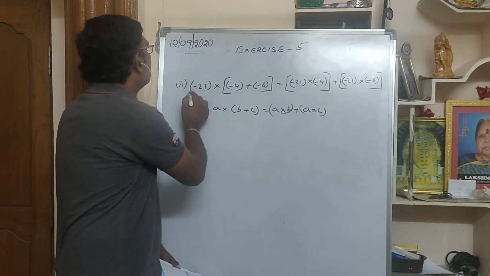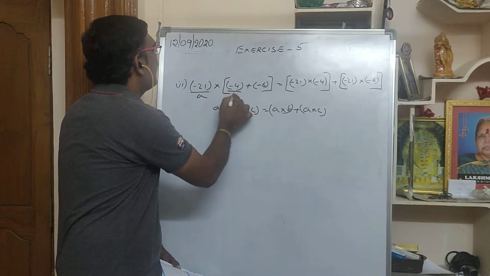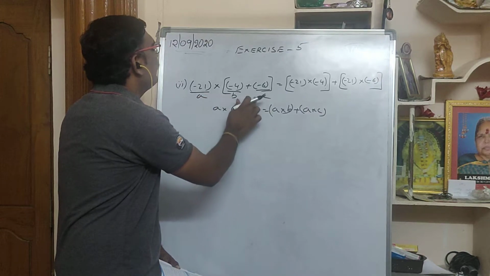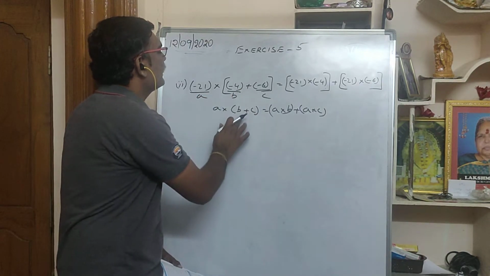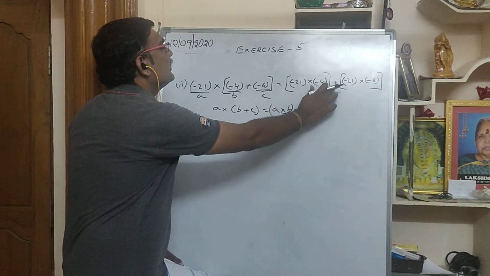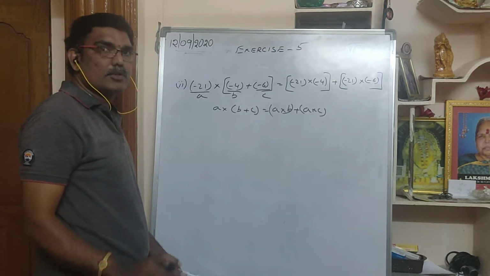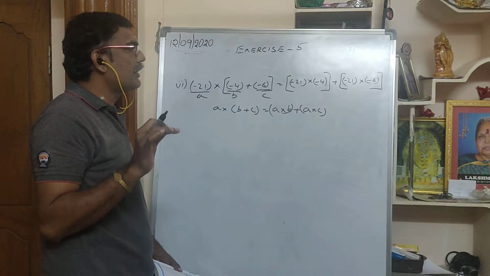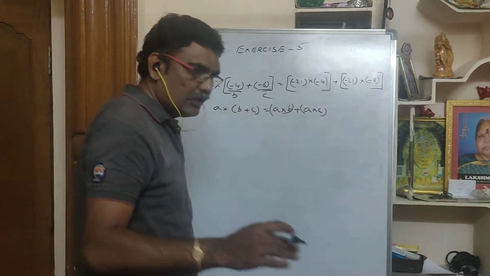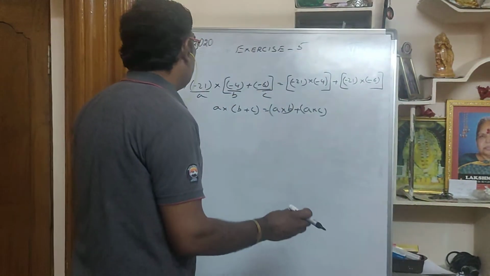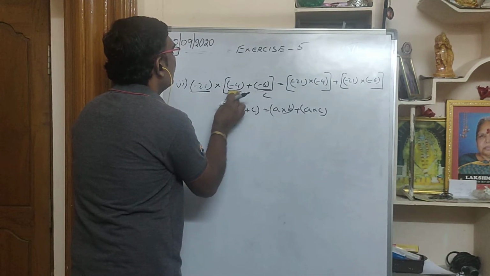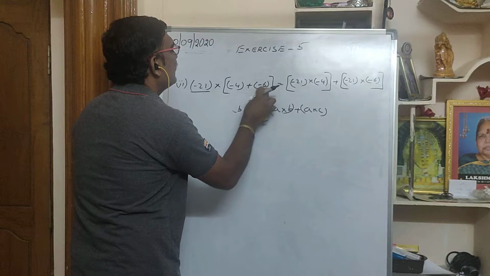If you compare, this is like A, this is like B, this is like C. So what you have to do is take only the LHS and simplify it.